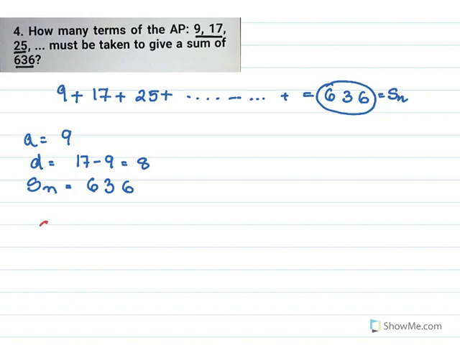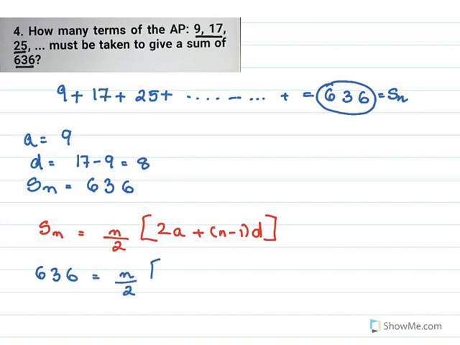So we have the Sn formula, n by 2 into 2a plus n minus 1 into d. We put the values. Sn is 636, n we don't know. a is our first term, which is 9. The d we saw was 8.